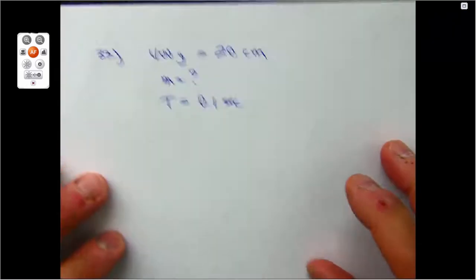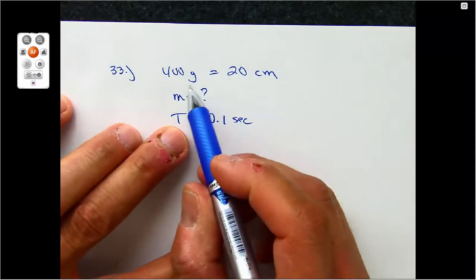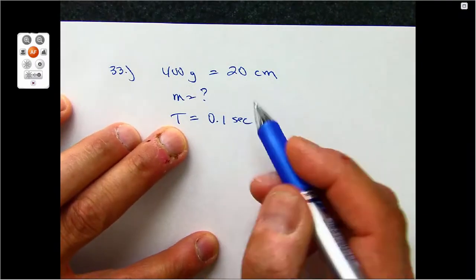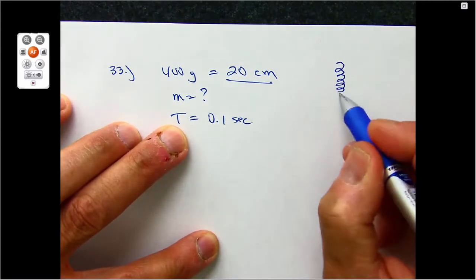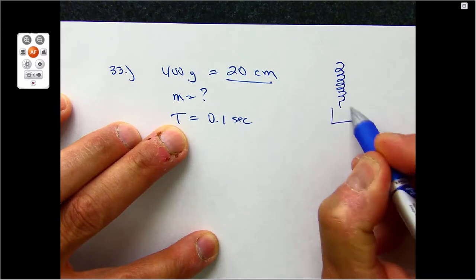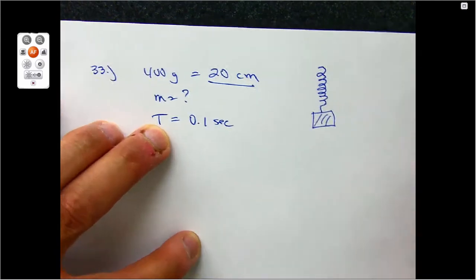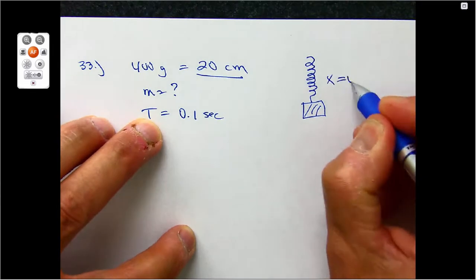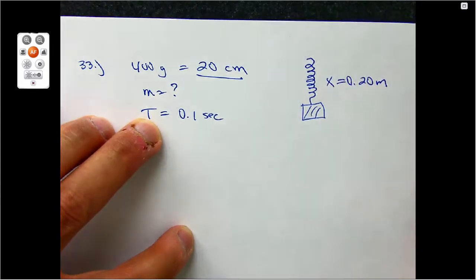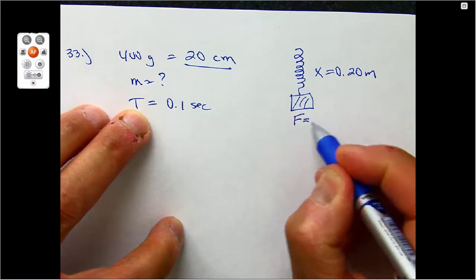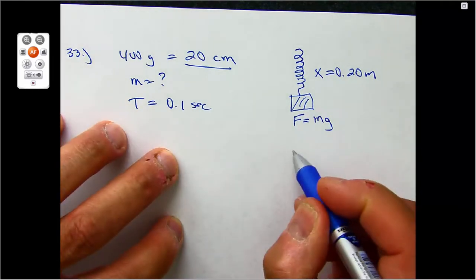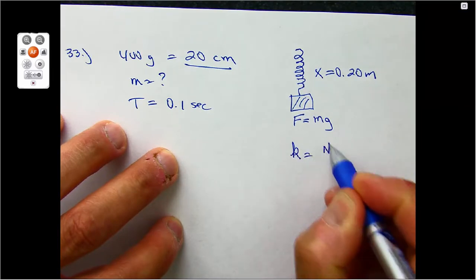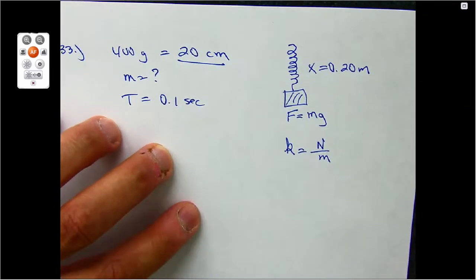So for this problem 33, it says a 400-gram mass will go down 20 centimeters on our spring. So if it goes down x equals 0.20 meters, this force is going to be mg, right? And we know our spring constant k is in what units? Newtons per meter, right?